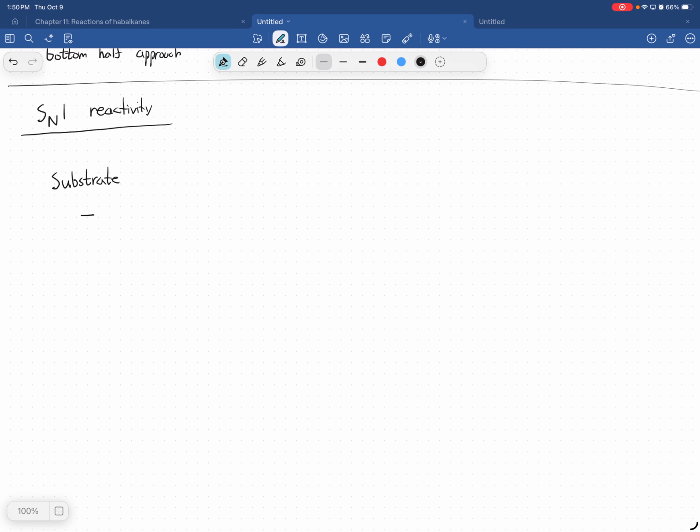So, carbocation intermediate will control the rate of reaction, okay?